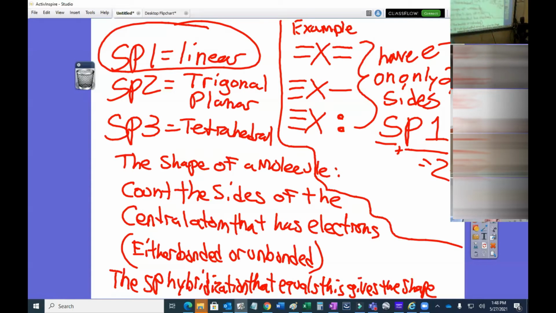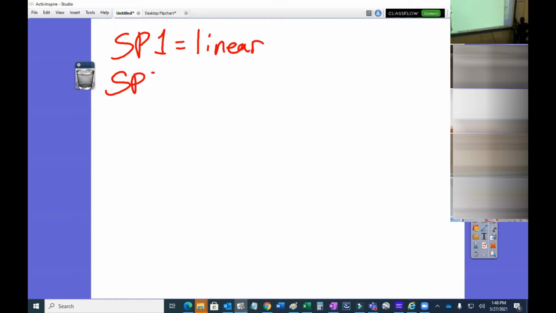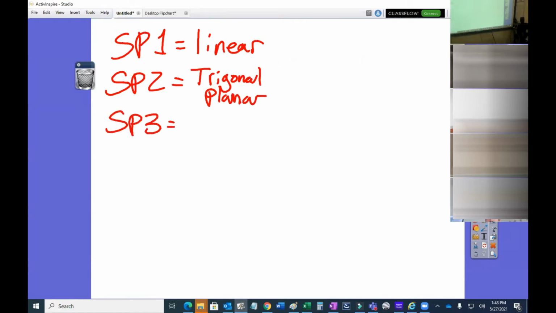Now let's look at another example. I'll rewrite this again. SP1 is linear. SP2 is trigonal planar. And SP3 is tetrahedral.